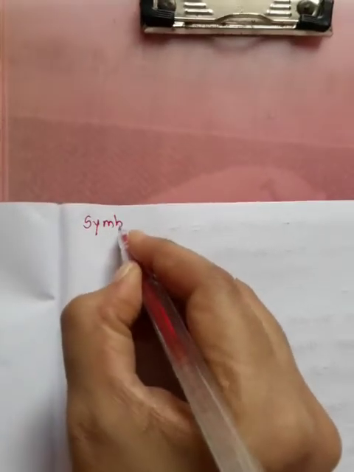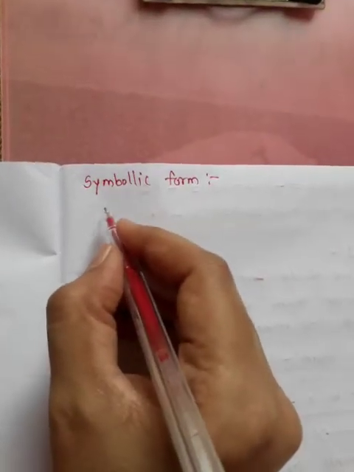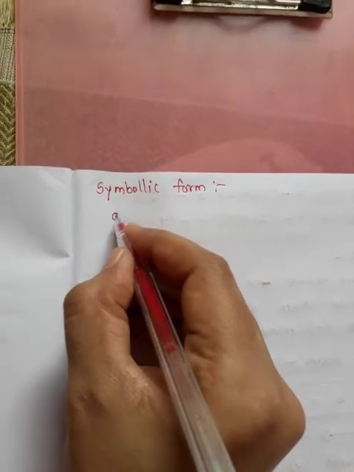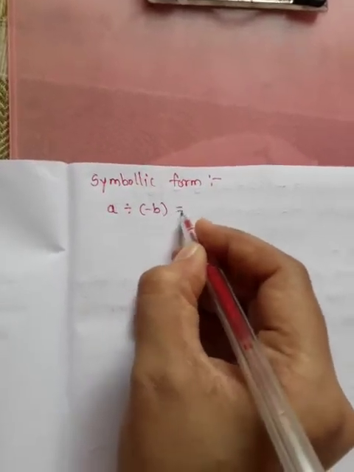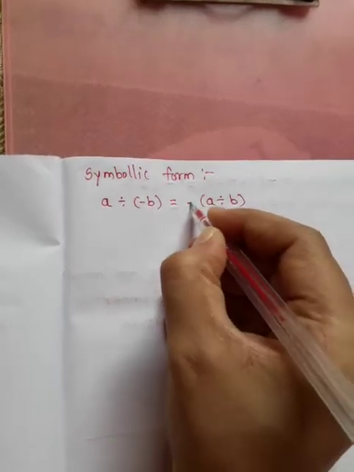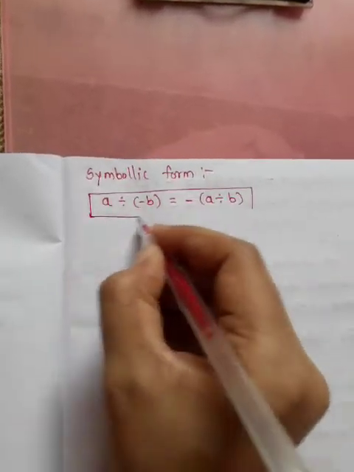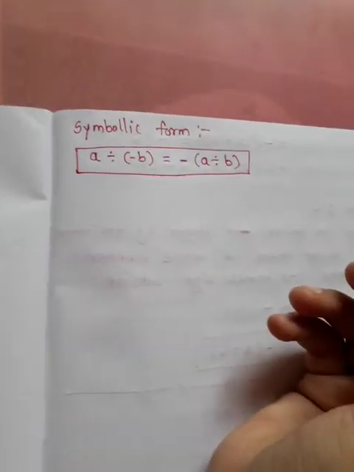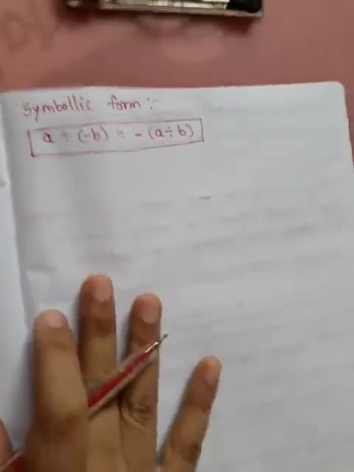Remark 2 says that when we divide a positive integer by a negative integer, first divide them as whole numbers and take the minus sign outside. So this is the symbolic form of remark 2. Okay, now we have got two remarks.